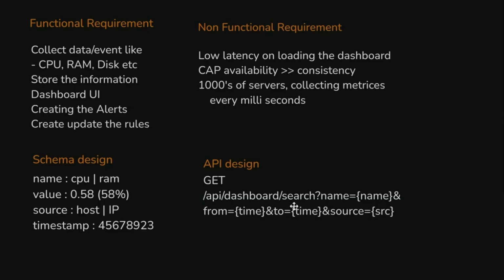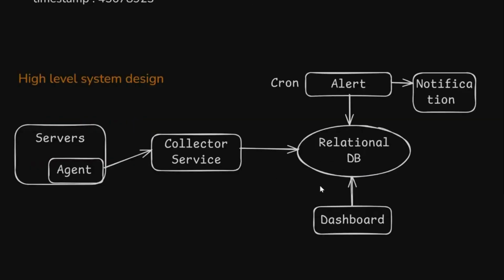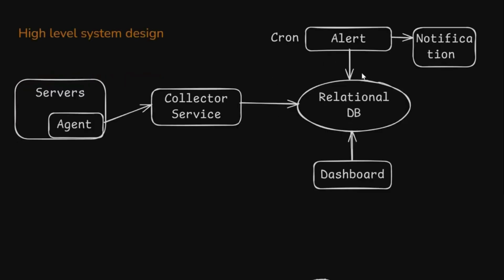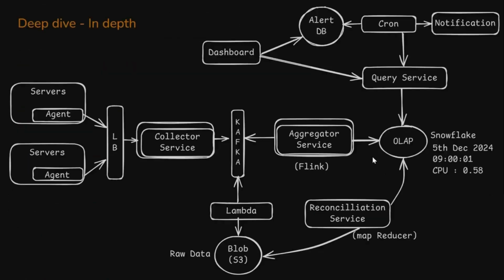But I feel, considering the time you have in your interview, it's okay to start with one or two APIs and then get into the high level system design and propose the end-to-end solution, how it is working, and then deep dive and keep identifying the bottlenecks and the improvement areas in a system, and ultimately come to the working solution for a scalable system.